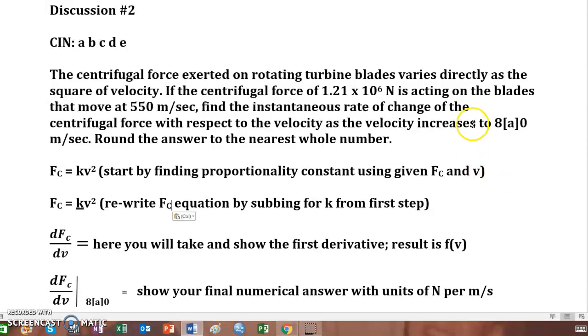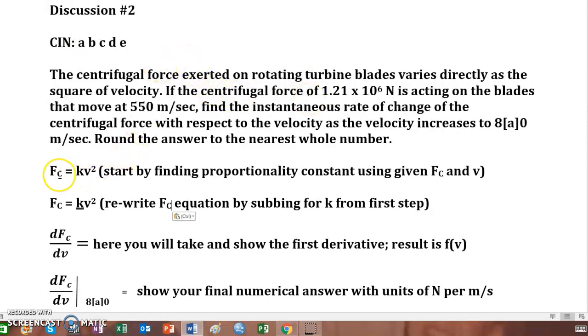And then we're going to want to evaluate that first derivative at a certain velocity, and the velocity here is 8a and then 0, so 830 or 840 or 850, depending on what the a happens to be in your calculus identification number. So those are the key things that we need in order to set this problem up.